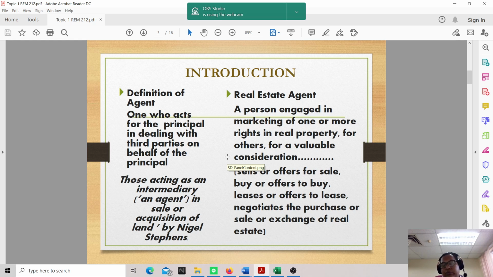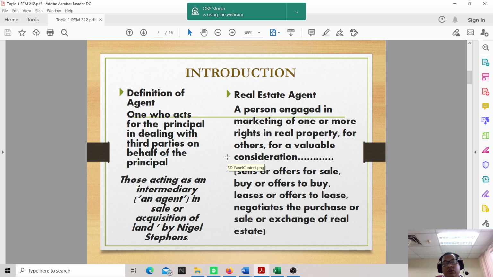Even though they can do all of this transaction by themselves, they decided to appoint you because they see you as a registered estate agent or a negotiator. A negotiator is an assistant of a registered estate agent.